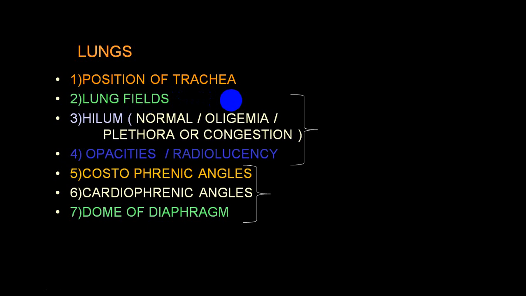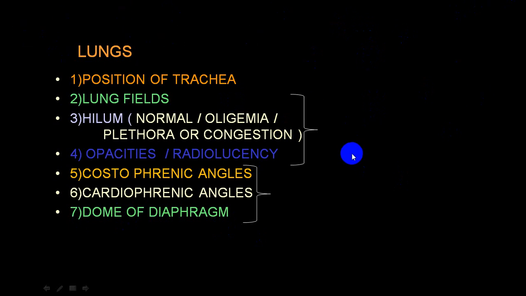You look at the hilum, position of hilum, overlapping signs, whether there is oligemia or congestion, which we call plethora. Then look at the costophrenic angle, cardiophrenic angle and dome of diaphragm, and even silhouette with mediastinum. All this you have to look together whenever you want to look at the lungs.